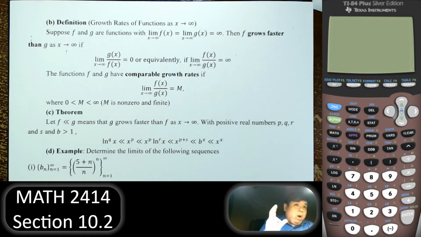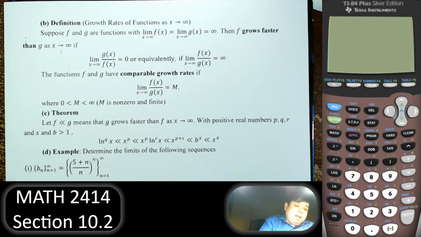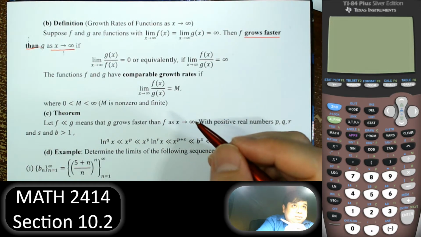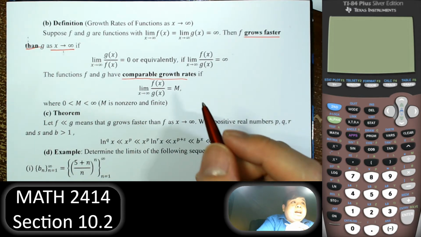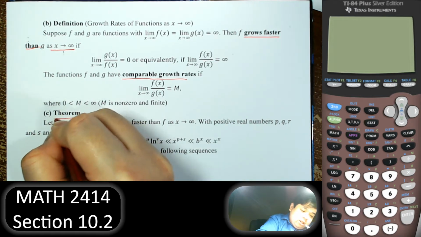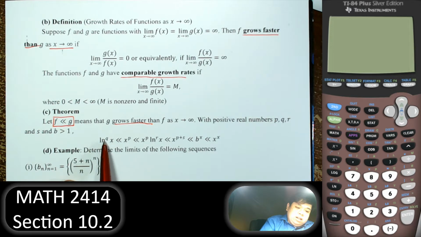If the ratio is anywhere in between 0 and infinity, then the functions have comparable growth rates, and the growth rate here, of course, is the rate at which it goes to infinity. That's the way we define it. And there's a notation for that. We use that notation to denote it grows faster. And we have this ranking.